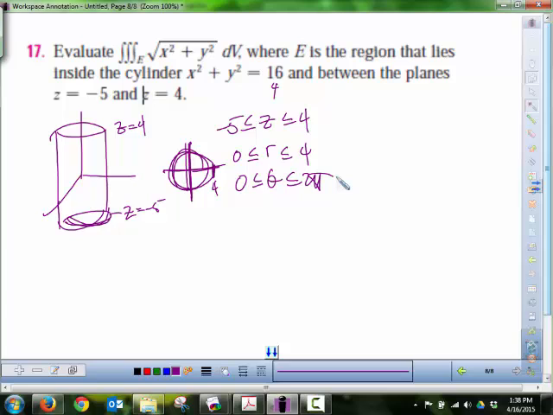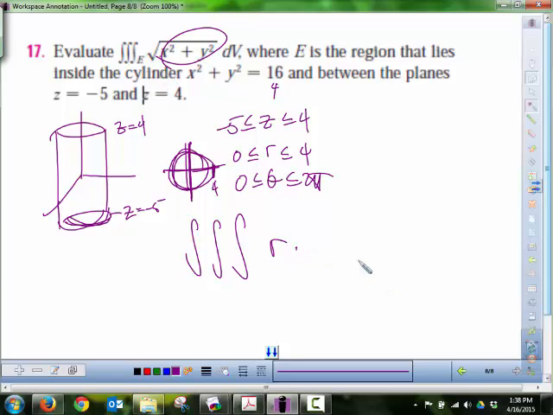Okay? So you write your integral out, and the only thing left to do is to change your integrand, since your integrand is not a constant. You'd want to make sure you replace the x's with r cosine theta, the y's with r sine theta, and if in this case you have an x squared plus y squared, that's just going to be an r squared under a square root.